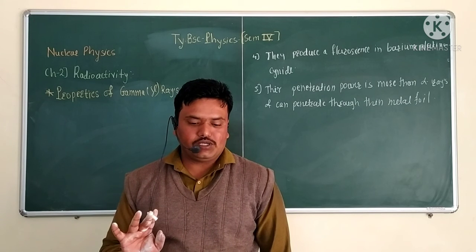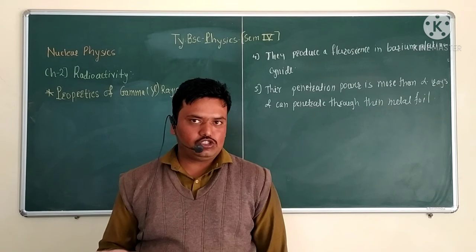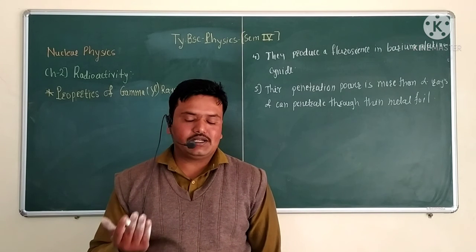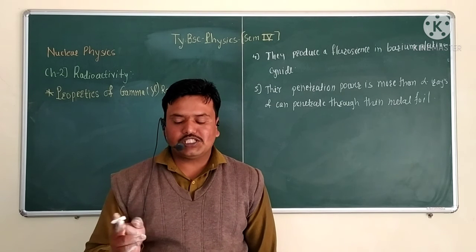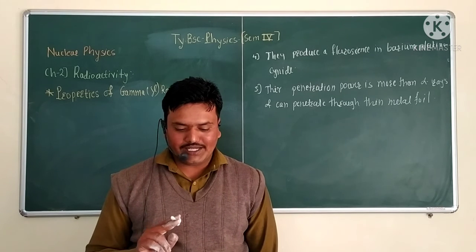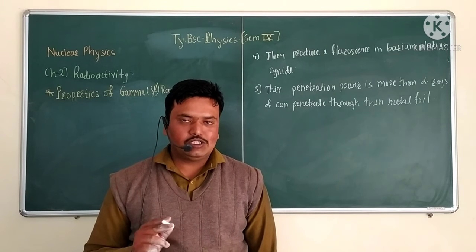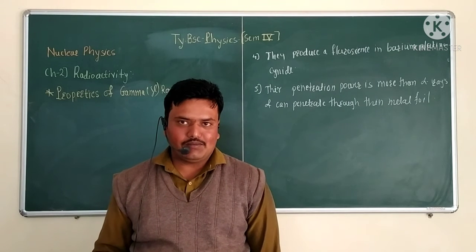Next, they are electrically neutral, they produce fluorescence, they are not deflected by electric and magnetic fields, their penetration power is very high as compared to the beta rays, and their ionization power is very small.